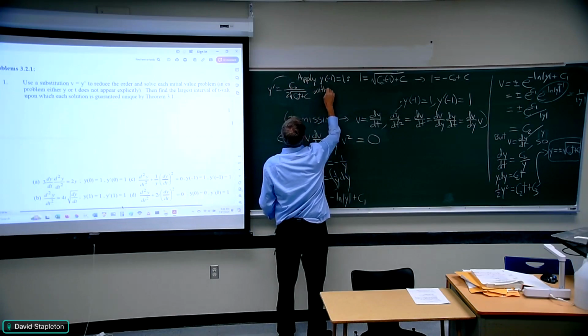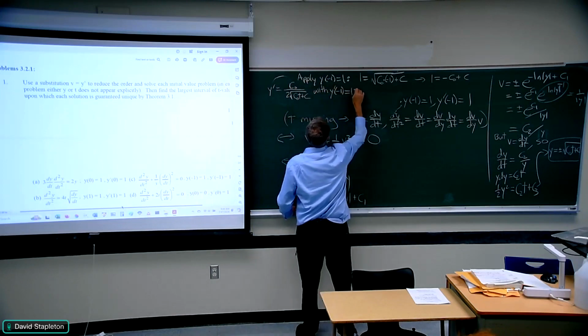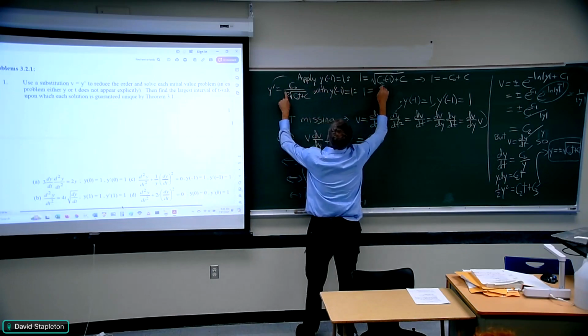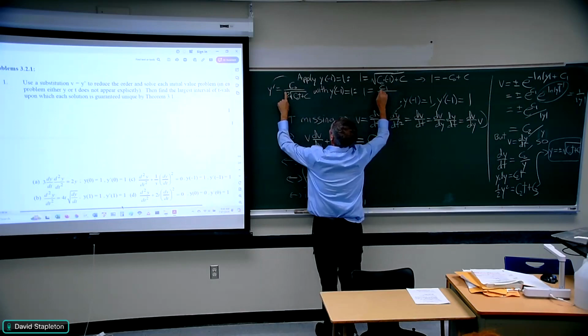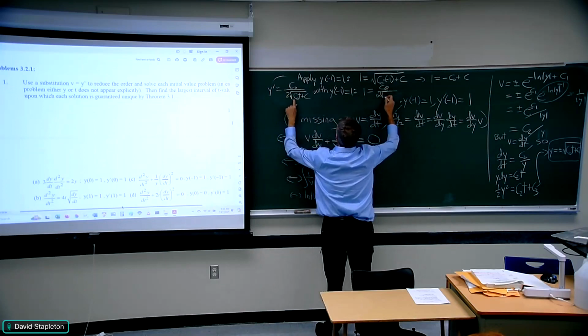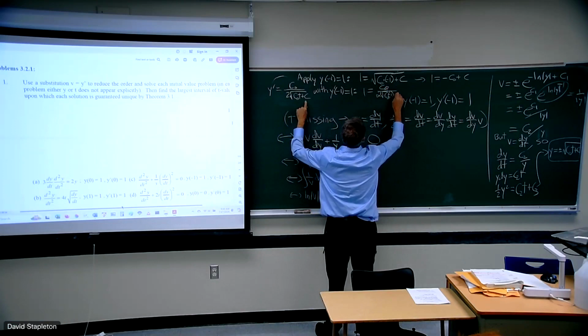The second initial condition, y prime of -1 equals 1, tells me that 1 on the left, again for y prime, equals C0 over 2 square root of C0 times -1 plus c.